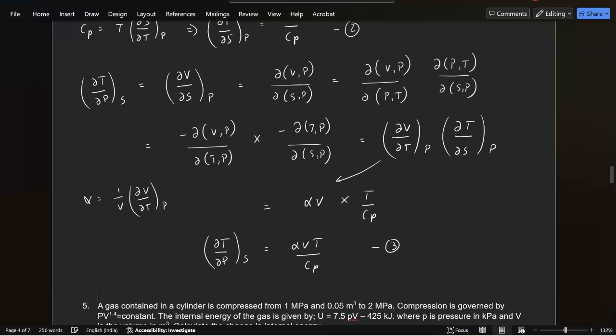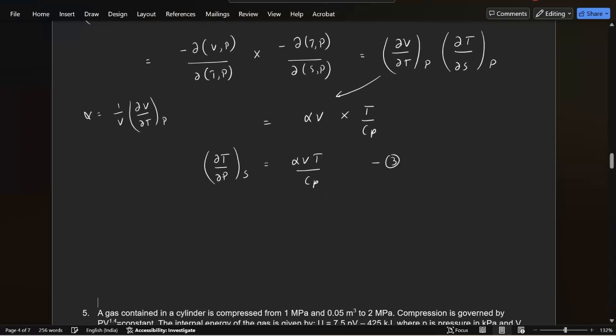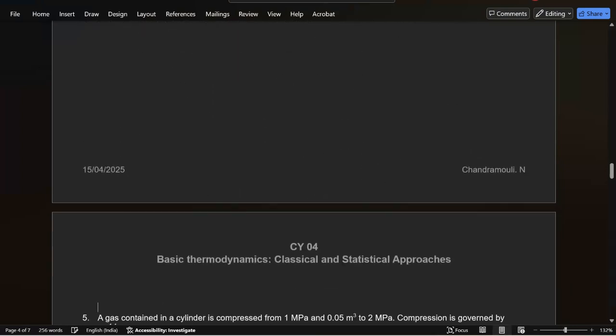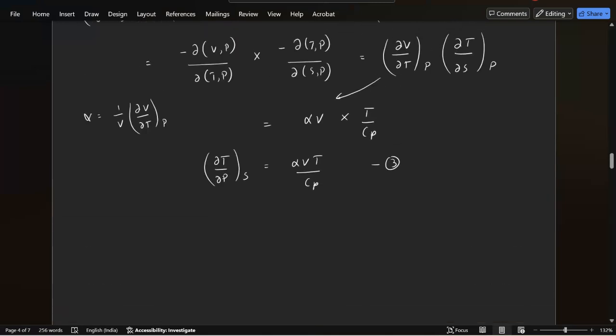So now we need to substitute 2 and 3 in 1. If you do that, what will we get? We'll get T by Cp and alpha V T by Cp.